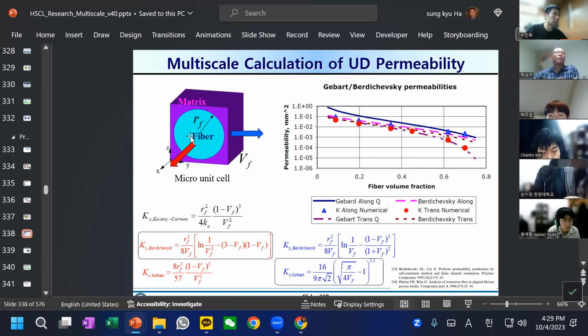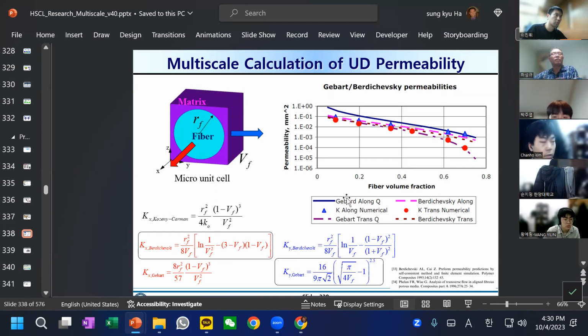And microscopically, again, the resin can flow in this fiber direction, and resin can flow in the transverse direction. There are several research studies and derivations of equations showing the relation between the fiber volume fraction and the resin permeability.